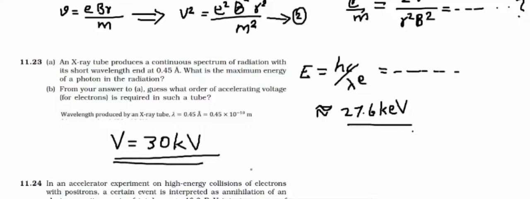Come to question 24, an accelerator experiment involving collisions. The total energy is 10.2 billion electron volt. Billion means 10 power 9. It is given here 10 power 9 electron volt, and two gamma rays are formed.